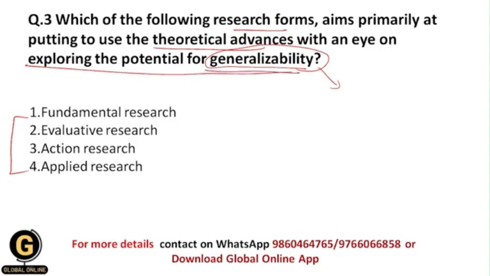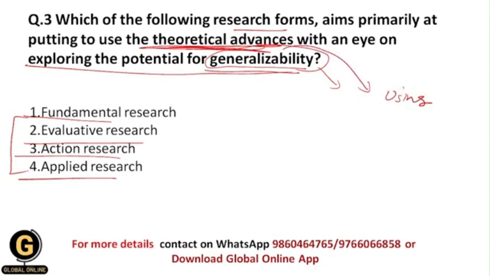So basically what is that research? Whether it is fundamental research, evaluative research, action research, or applied research. So students, here basically we are using the theoretical advances, and the meaning of this is that we are using different laws or principles. In other words, we are applying the different laws and principles to our problems, and by using such laws and principles we are going to solve the problems and we will get the solution.